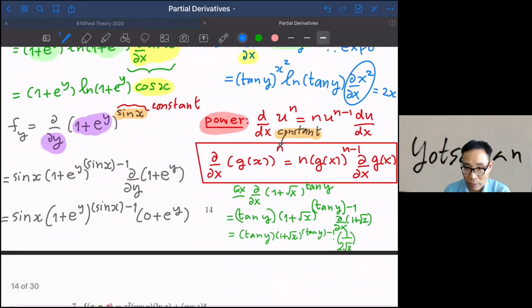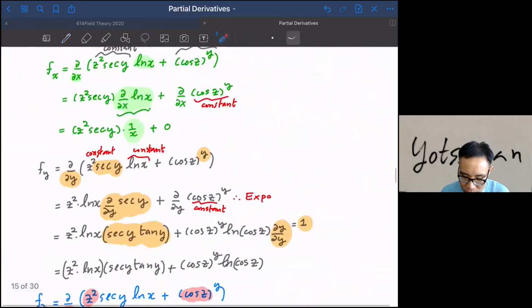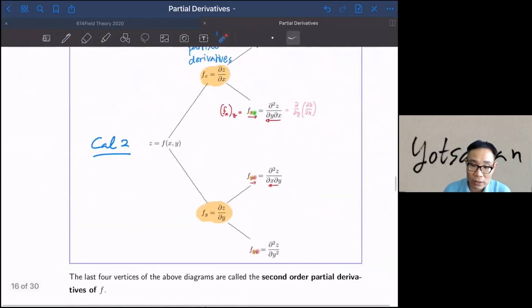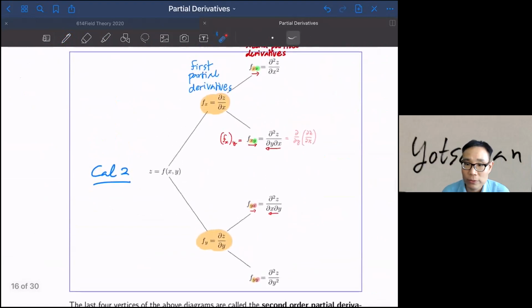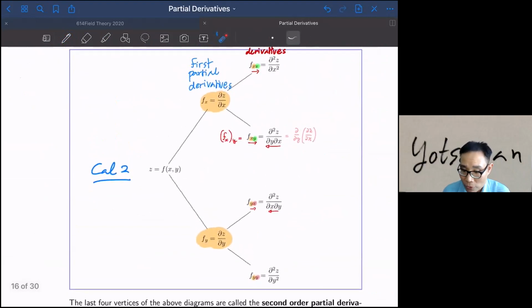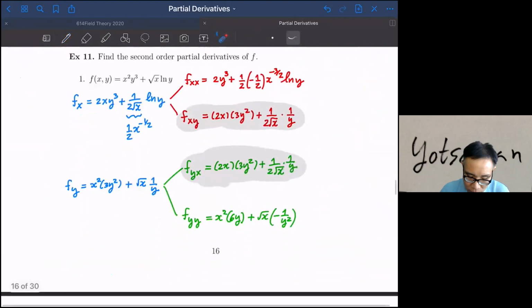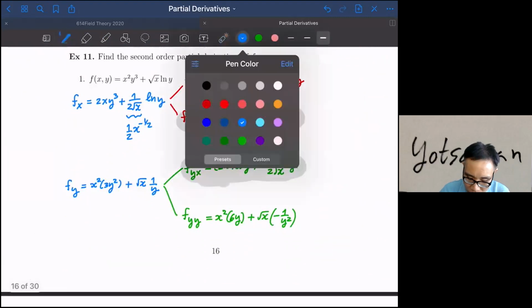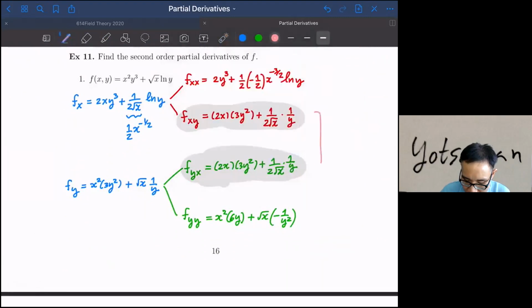Sometimes the constant turns out to be sin(x), like you see here. I ask you to find the second order partial derivative, and you must notice that these two are always the same.